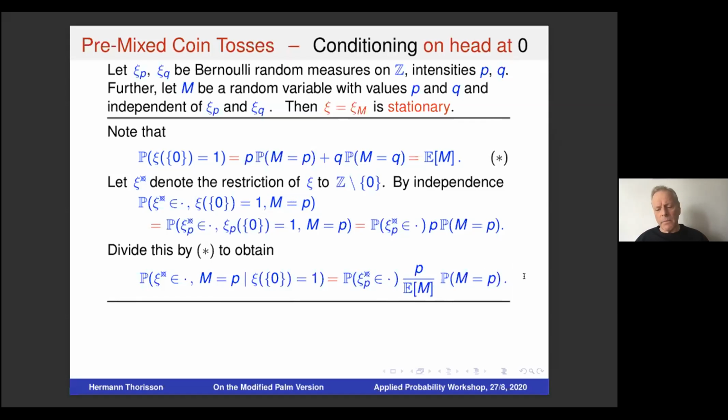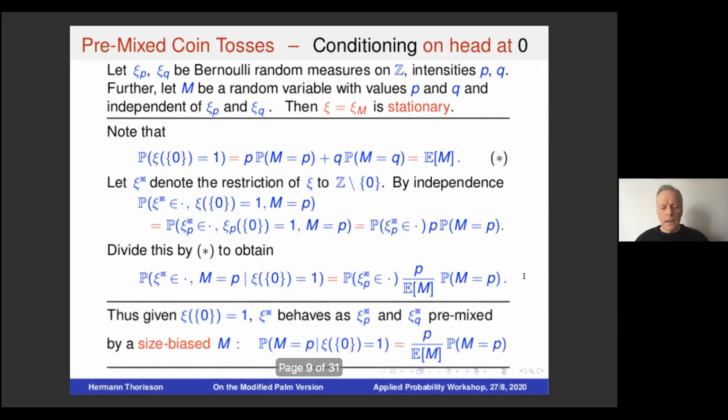We get a size-biased version of M. So given a head at the origin, what is outside the origin behaves as these two coin tosses pre-mixed by a size-biased M. So the probability of M being P given a head at the origin is this, which was a long way of arguing for a simple thing.